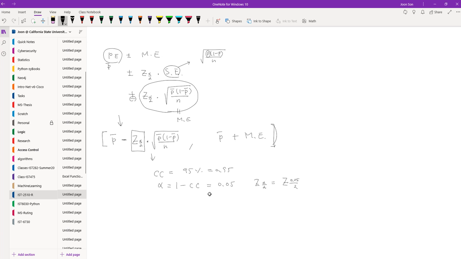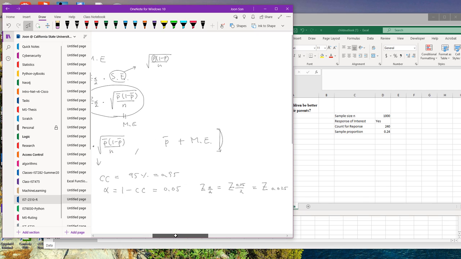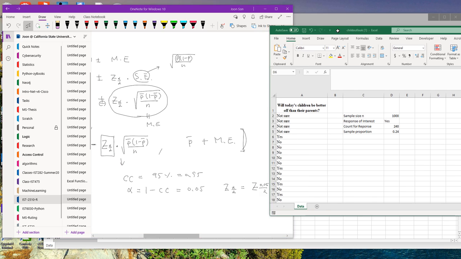So this is Z 0.025. That's the value we have to find. Although we know this value, let's just use the Excel spreadsheet.